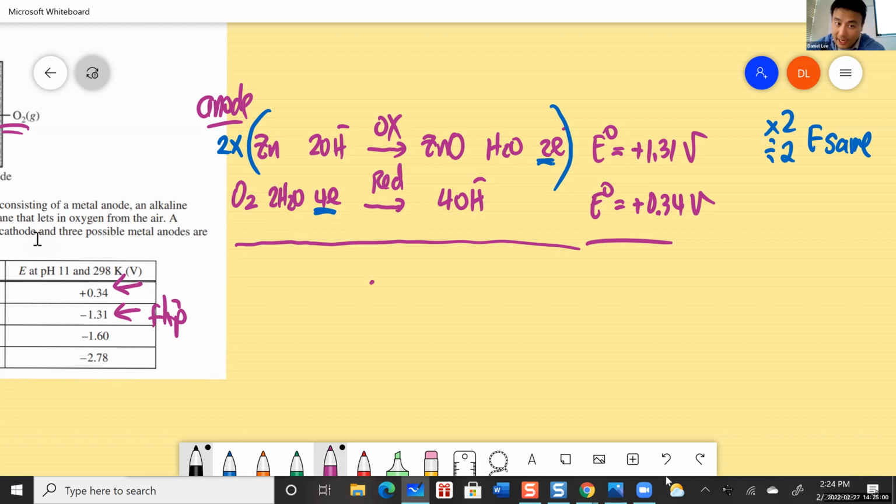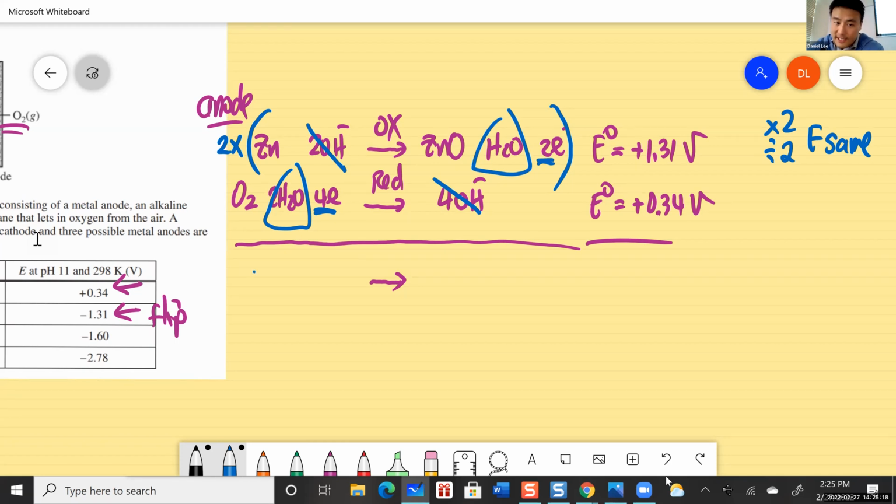But I'm going to multiply that by 2 and show you what happens. In blue, I will have 2 zinc, but the 4 hydroxide will cancel. They're going to be gone. And the 2 times water, the 2 water will cancel the 2 water here, so there's no more water. And the 4 electrons will cancel 4 electrons.